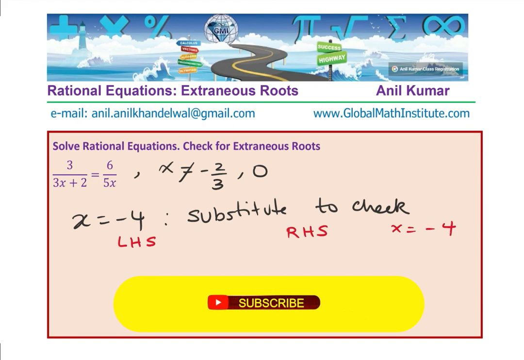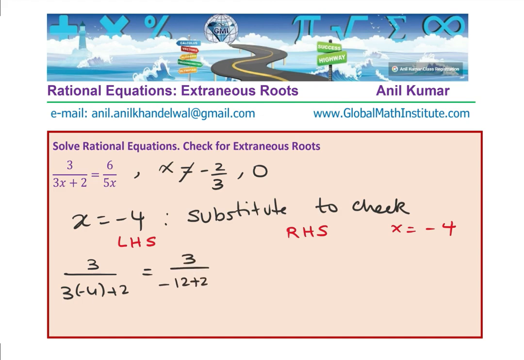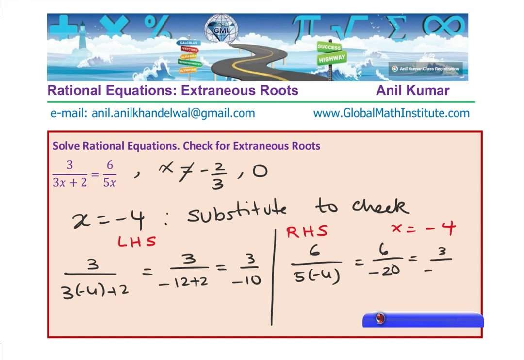So if I substitute on the left hand side, we get 3 over 3 times minus 4 plus 2, which is 3 over minus 12 plus 2, and that is 3 over minus 10, right? On the right hand side, if I substitute, I get 6 over 5 times minus 4, which is 6 over minus 20, which can be simplified as 3 over minus 10.